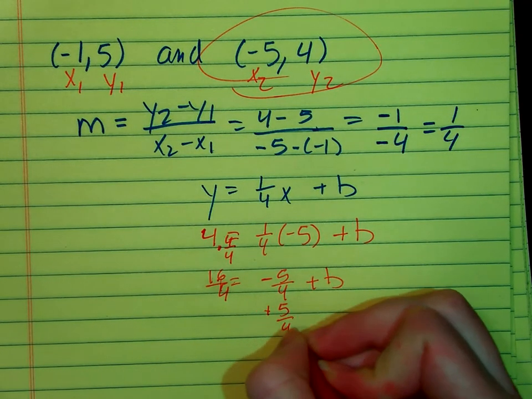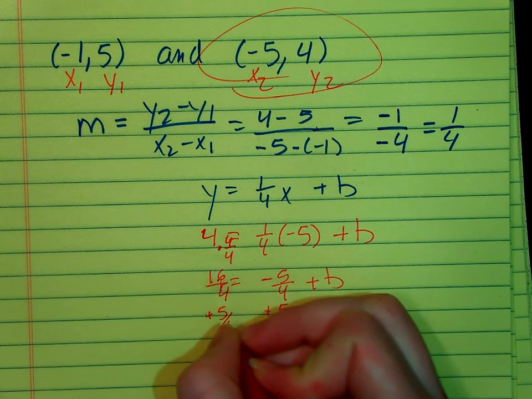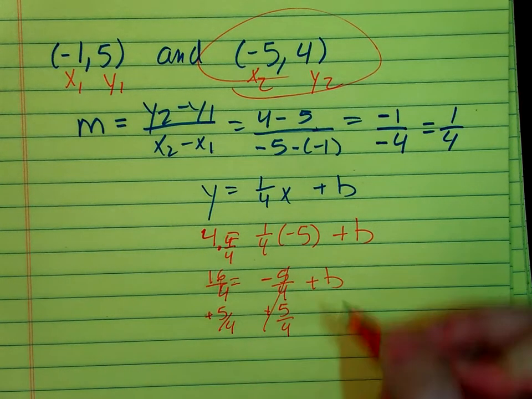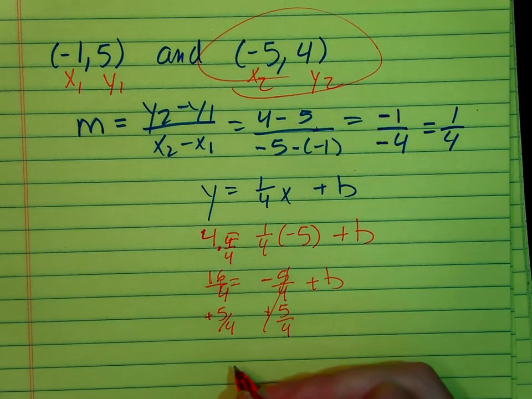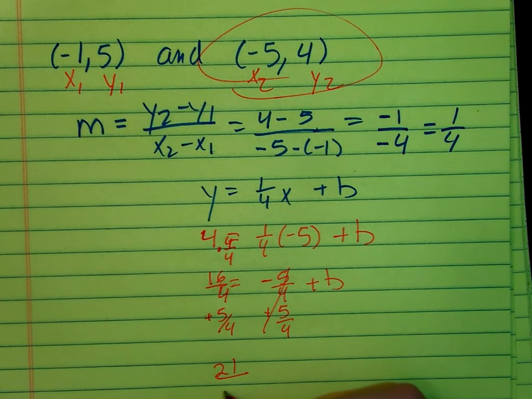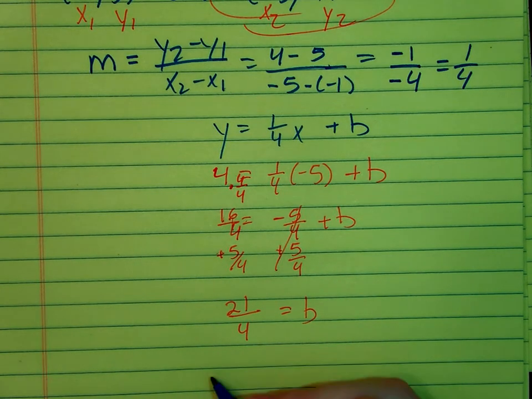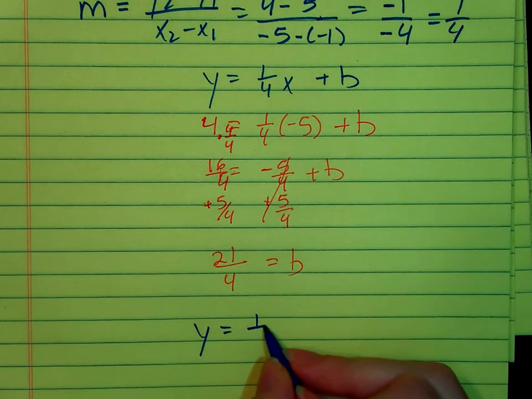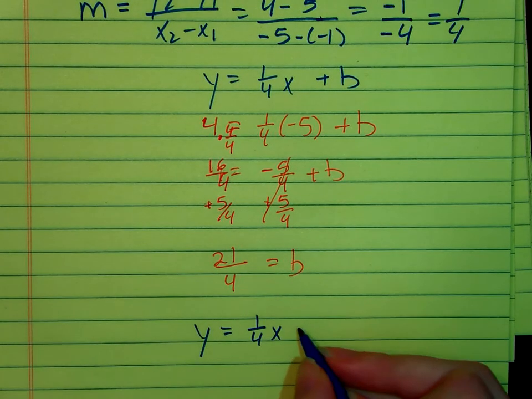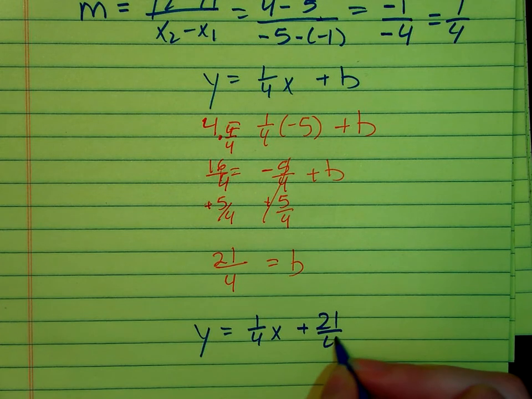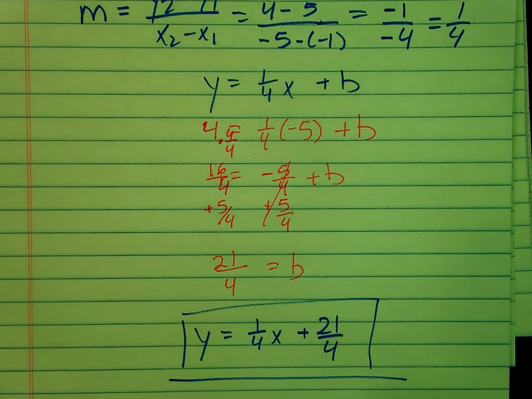Again, we add 5/4 to both sides, and again, whatever app you need to use to help you with calculations, I'm fine with. We get 21 over 4 equals b. So now let's plug this back in. We get y equals 1/4 x plus 21 over 4. And that's my final answer.